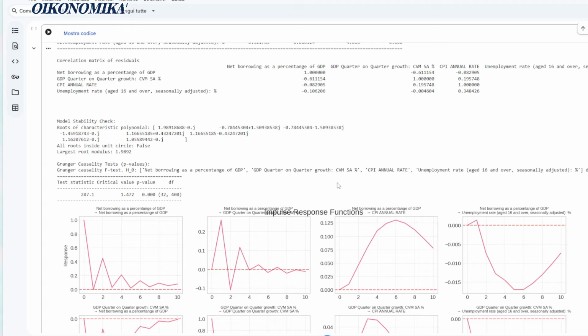So it means that there is Granger causality between these variables. It's a technical term. And here we have another thing. All roots inside unit circle is not true. So what that means is that the modeling of this VAR is not really perfect. It isn't stable.